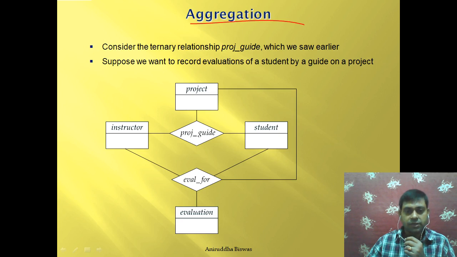The student participates in the exam and the instructor evaluates the student, and then the evaluation result comes out. So evaluation is an aggregation of the instructor and student. Similarly, project is also a combined effort of instructor and student. That is why project guide is the relationship name, which is a kind of aggregation, and that sums up to the project.